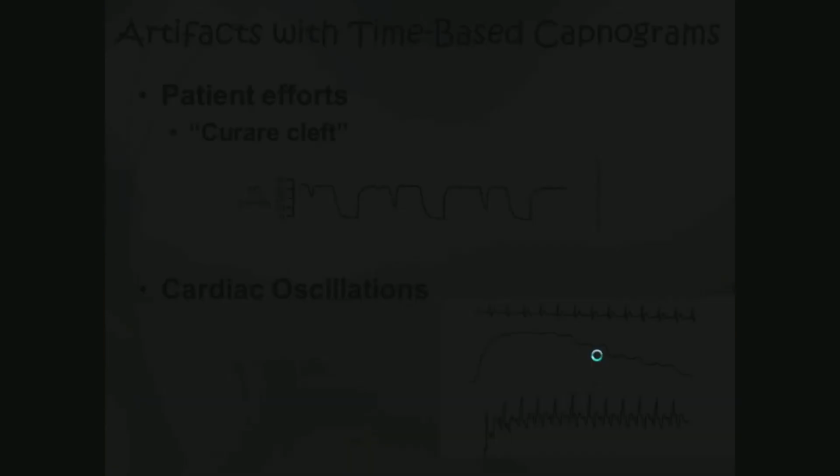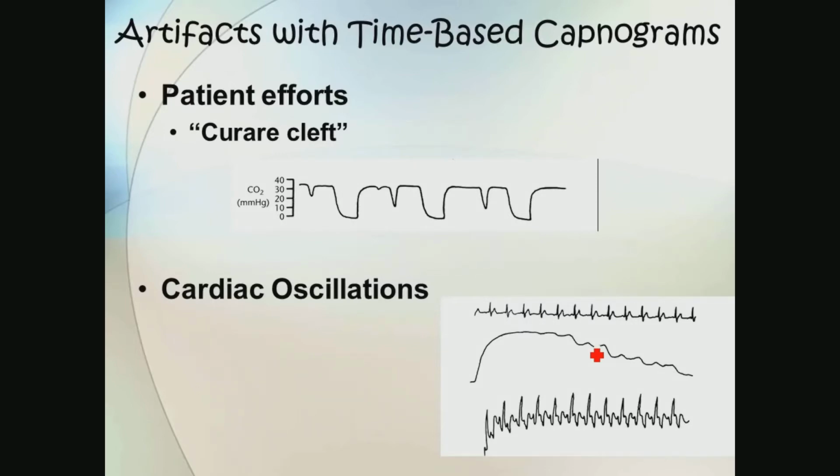Some other little weirdnesses that are there. There's something called the Curare cleft, where you're seeing little triggers happening in the midst of the breath. And this is basically an example of patient's efforts, specifically somebody who was previously paralyzed but is now coming up out of the paralytic.